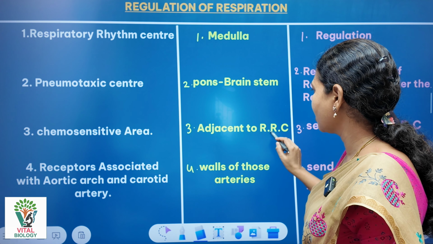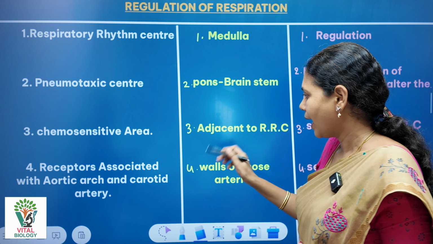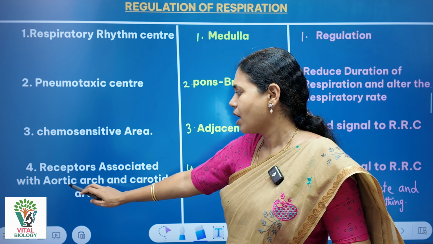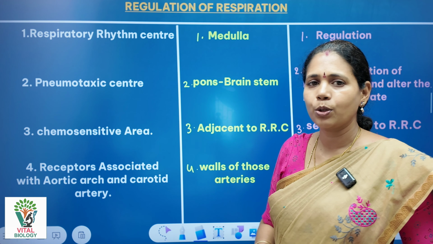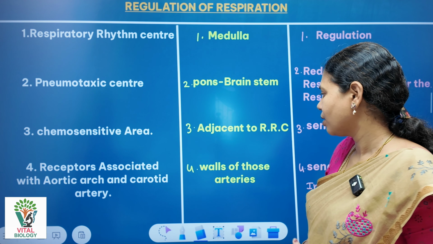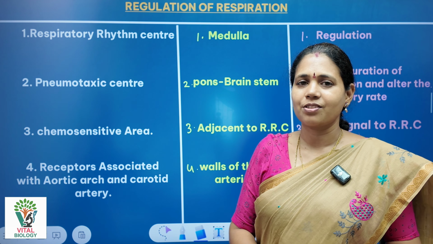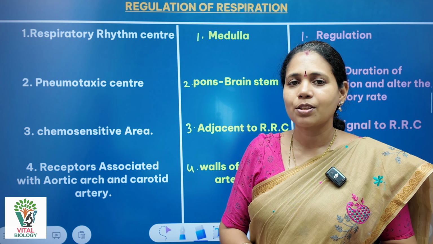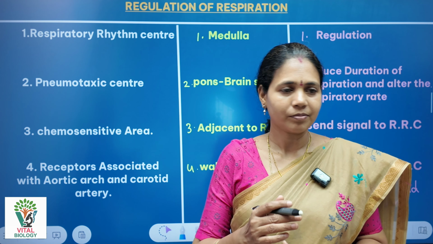A few receptors are also associated with the aortic arch and the carotid artery, found in the walls of those arteries.